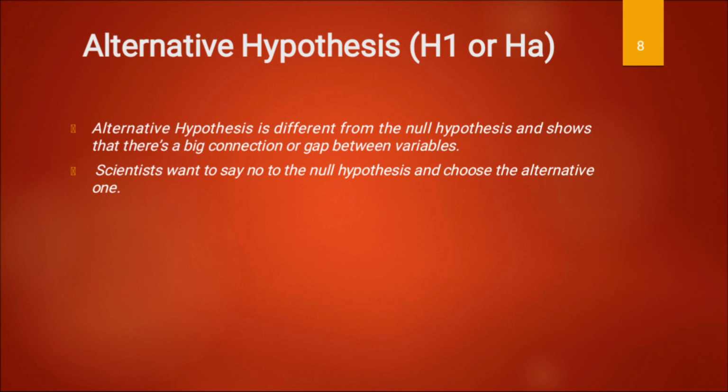The alternate hypothesis is different from the null hypothesis and shows that there is a big connection or big gap between the variables. Scientists want to reject the null hypothesis and choose the alternate hypothesis. So this is the concept of the alternate hypothesis, and it is represented by H1 or Ha.